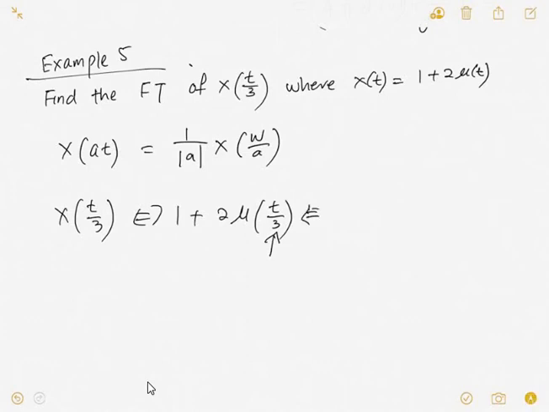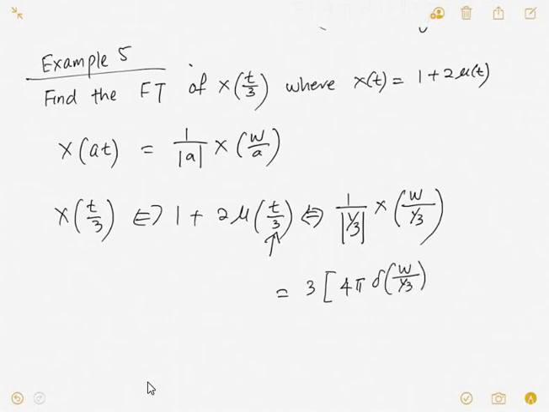So from here you will get 1 over 1/3 modulus X(omega over 1/3). So this is the scaling. And then you will get directly 3, with 4 pi delta(omega over 1/3) plus 2 over j omega over 1/3.